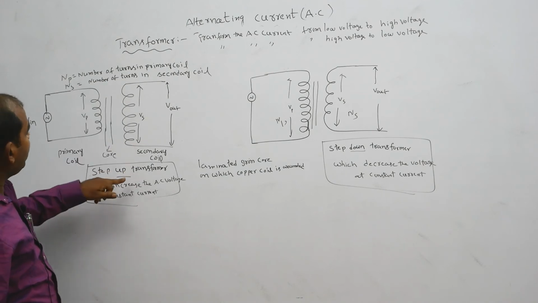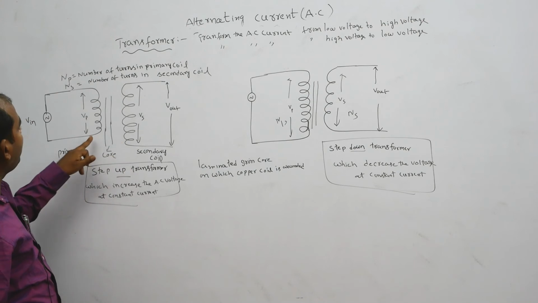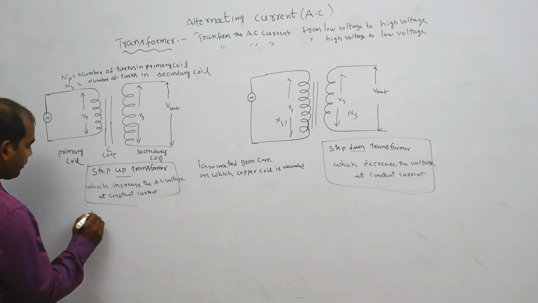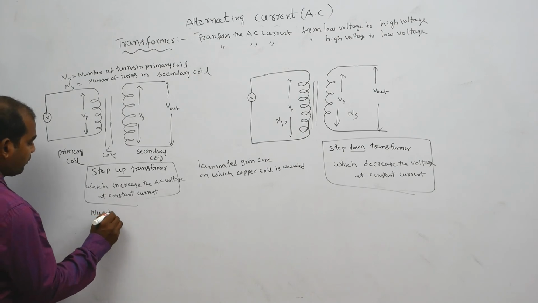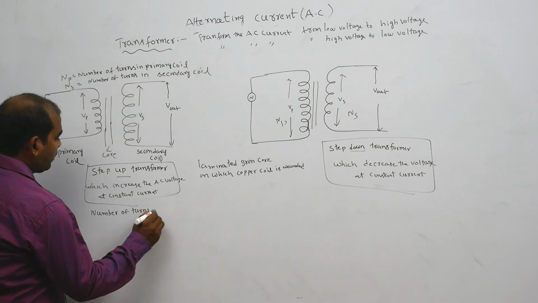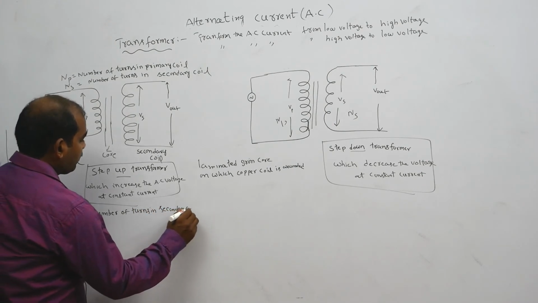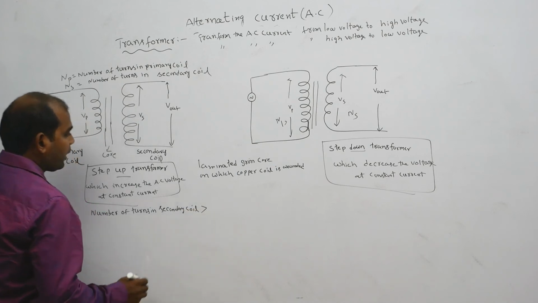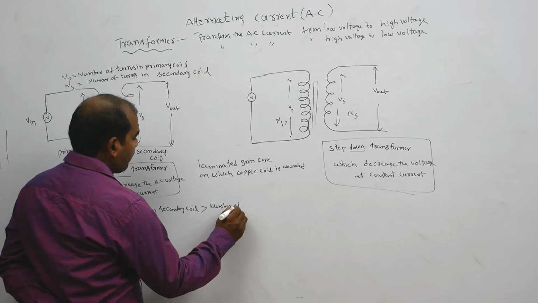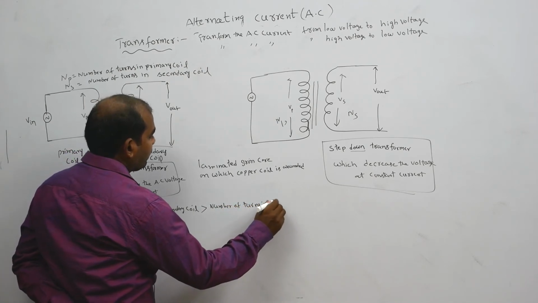It means that in a step up transformer, the number of turns in the secondary coil is greater than the number of turns in the primary coil.